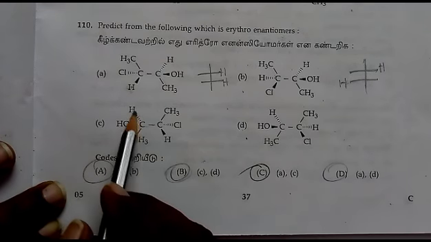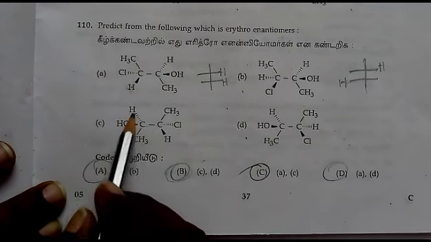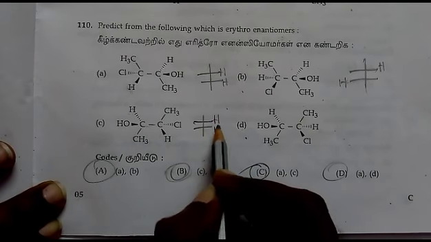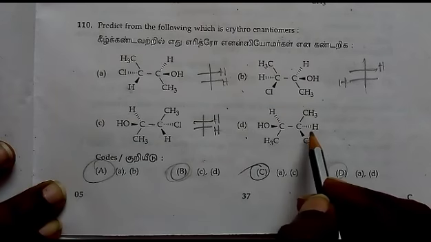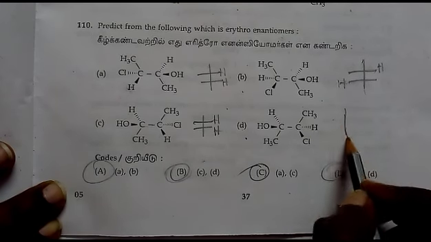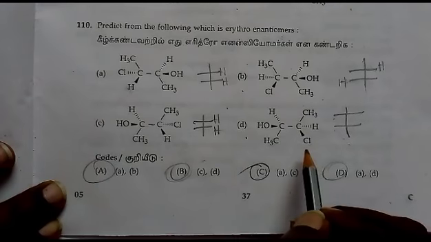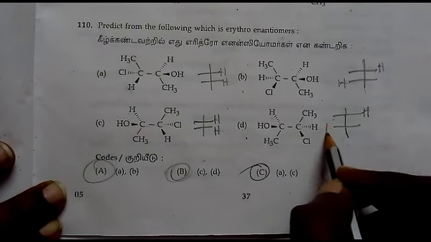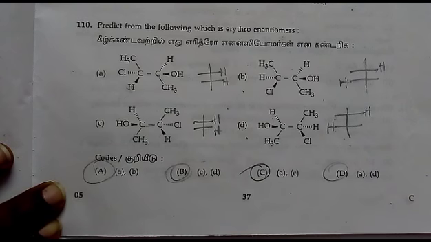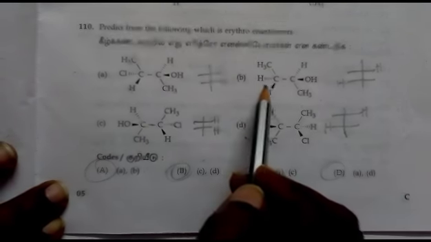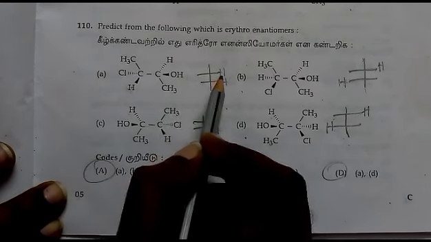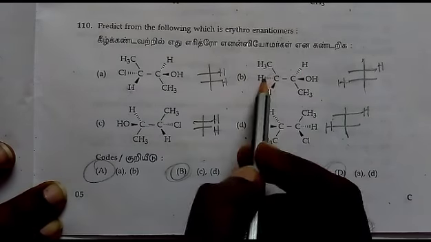Here H is back, H is front, so opposite, meaning same side in Fischer. Here H is back, H is also back, so they are opposite. Understand? If they are opposite in staggered, they will be on the same side in eclipsed. Here both are back side, so they are opposite here.